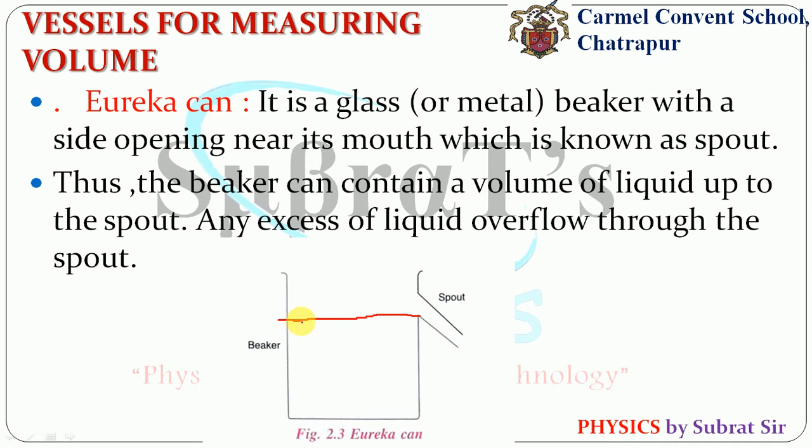If the liquid increases above the spout, then the liquid will overflow through the spout. So there is a fixed volume in the Eureka can. By this also we can measure volume by using a Eureka can.